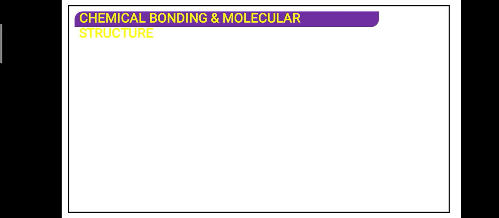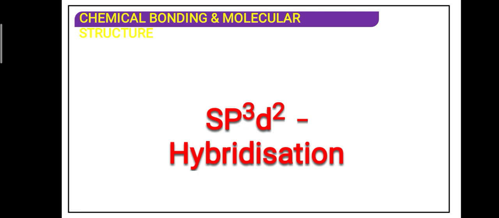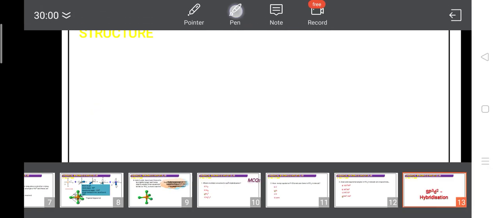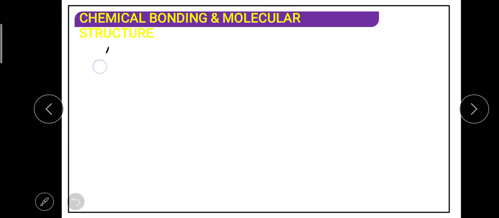Today we are going to study how we find the hybrid orbitals and the number of pure orbitals. Let me take one example, acetylene.